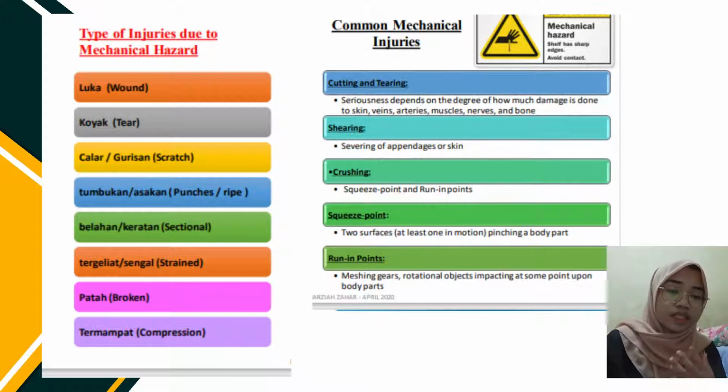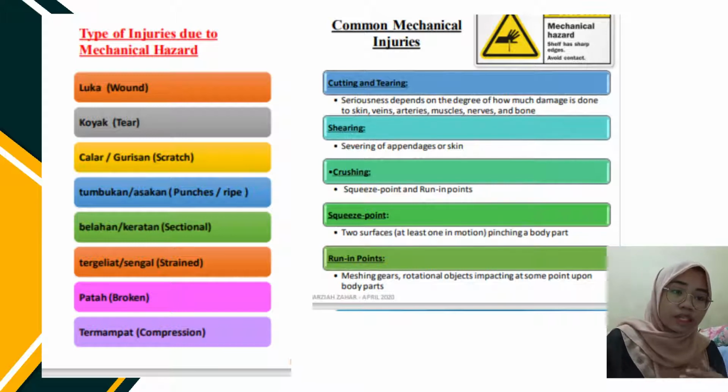Next, we have the squeeze point. This type of pinch point injury can include amputations, lacerations, contusions, crushing of tissue and bones, and we can also have broken bones.